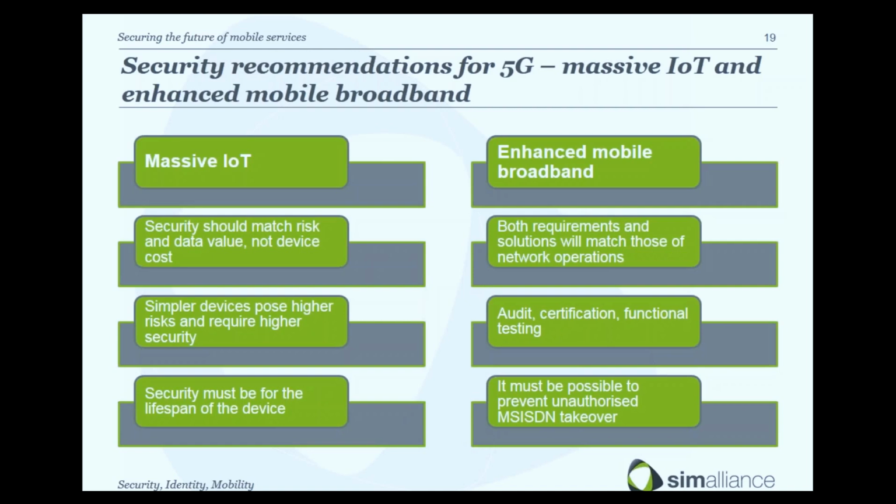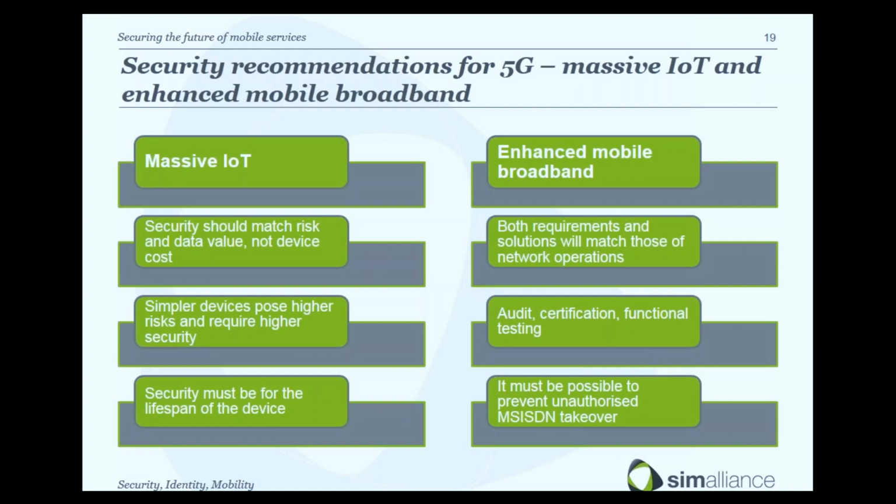If we turn to enhanced mobile broadband, requirements and solutions will closely match those discussed earlier for network security. The entity storing the network authentication applications, such as the secure tamper-resistant entity, must be capable of being, and should be, audited and certified by a third party and functionally tested against a suitable industry-agreed functional compliance suite.